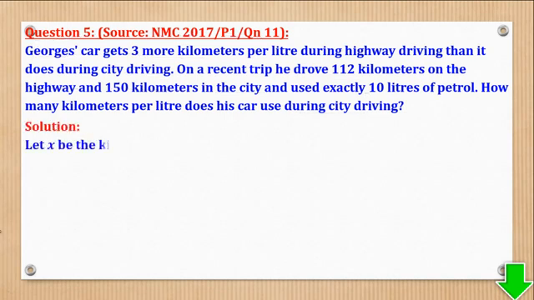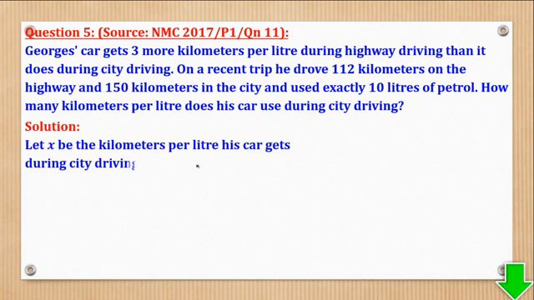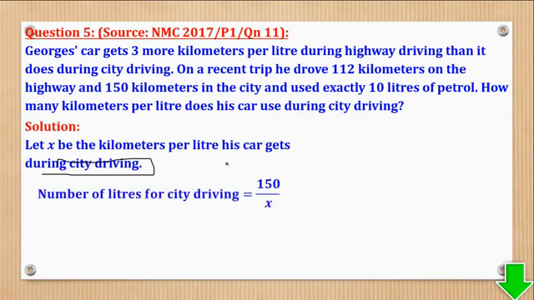So I shall come and say that let X be the kilometers per liter his car gets during city driving. Therefore, the number of liters for city driving will be 150 over the kilometers per liter, which is X. What about for highway?